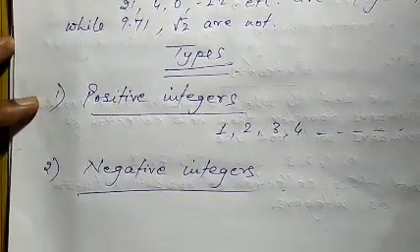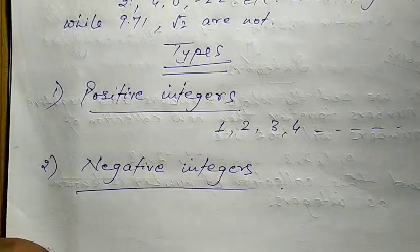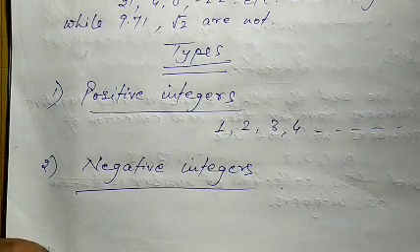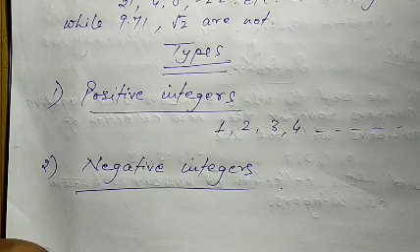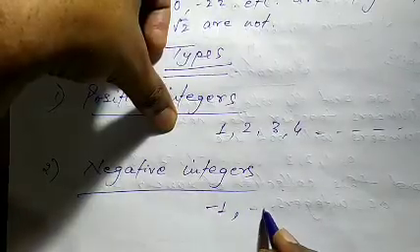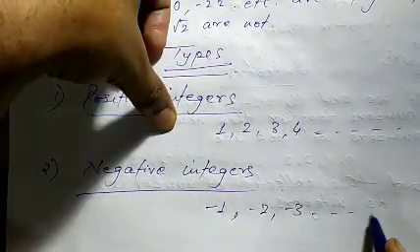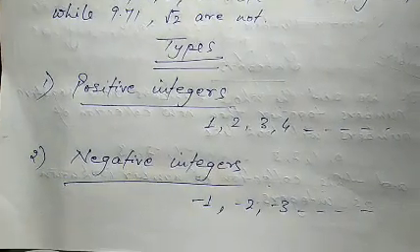So what are negative integers? These are the numbers that have a negative sign in front of them, and begin with -1, like -1, -2, -3. These all are called negative integers.